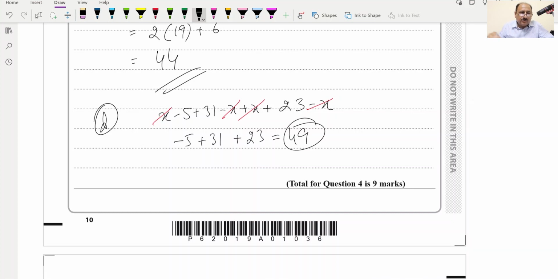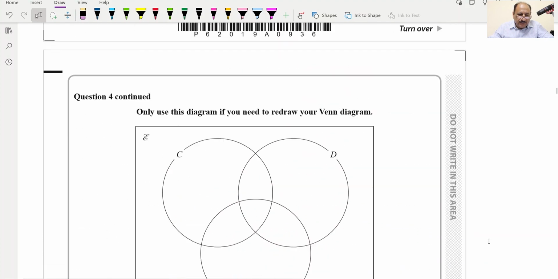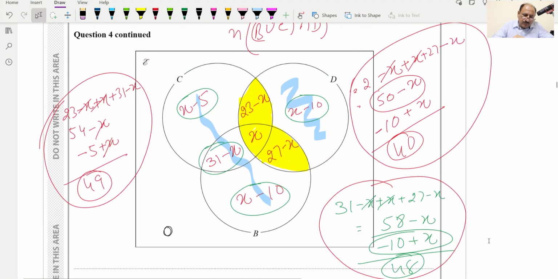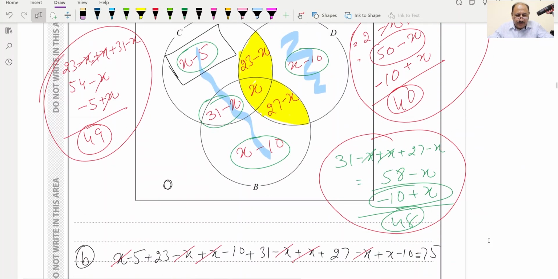And x minus 5, basically they are saying to find the probability that this member has not participated in any other activity. So cookery only will be only this one, x minus 5. So this has not participated in any other activity.